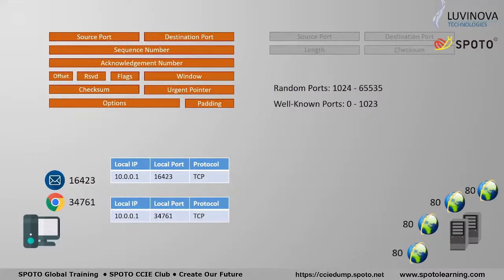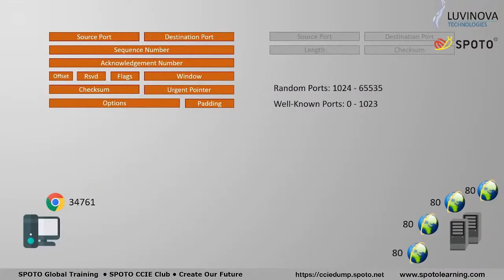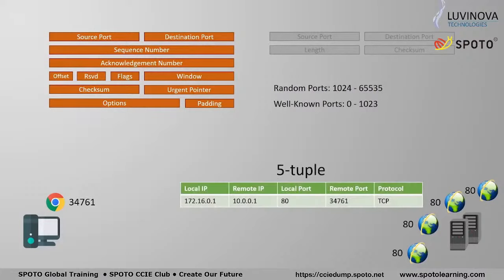It needs to look at the combination of the local socket information and the remote socket information. It can find all of this in the layer 3 and layer 4 headers. It now has 5 pieces of information: the local IP, the local port, the remote IP, the remote port, and the protocol. This combination of details is often called the 5-tuple. Each conversation is now truly unique.